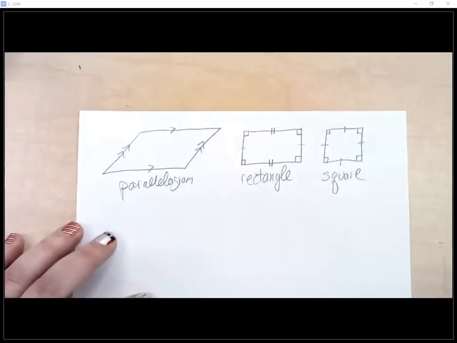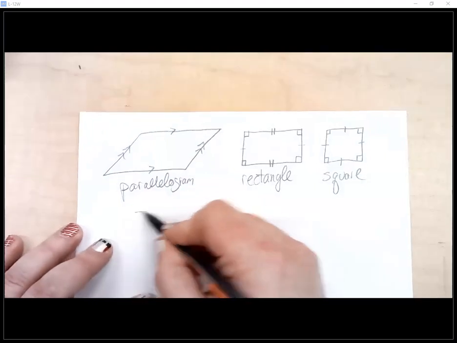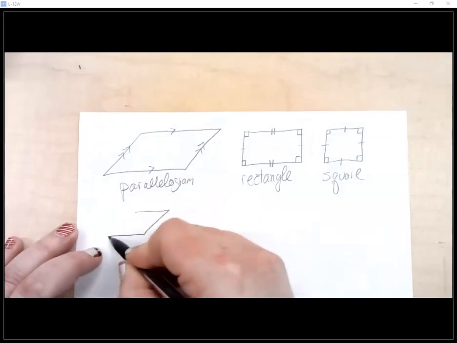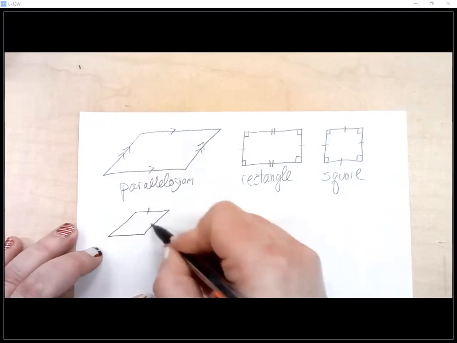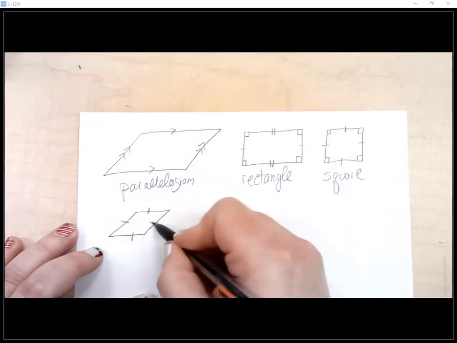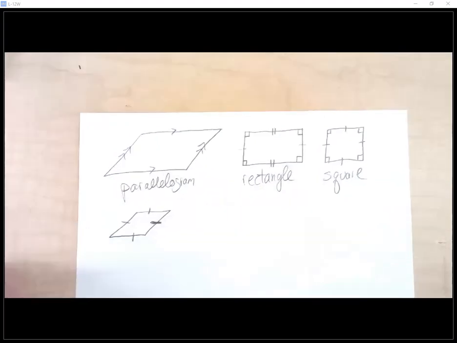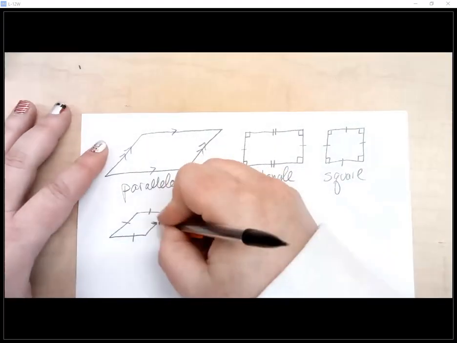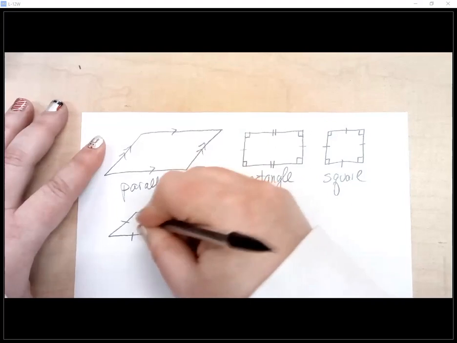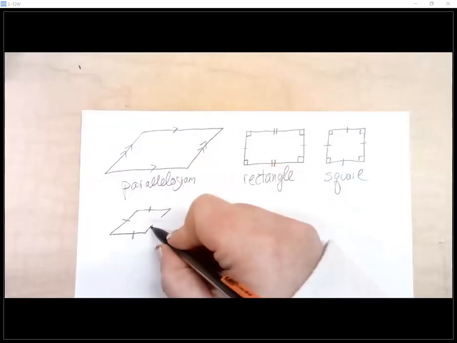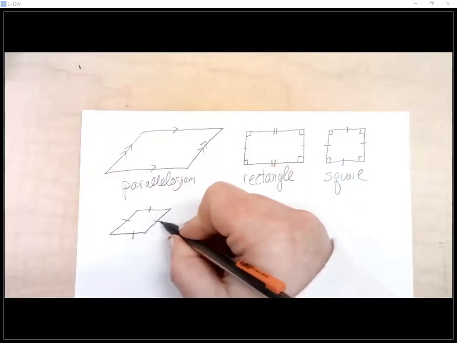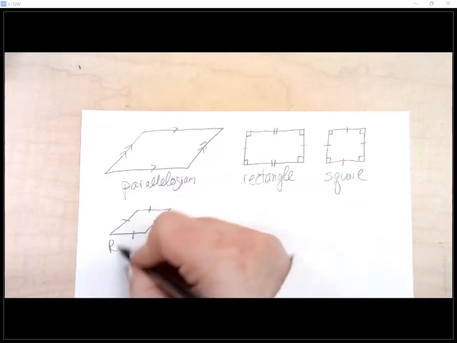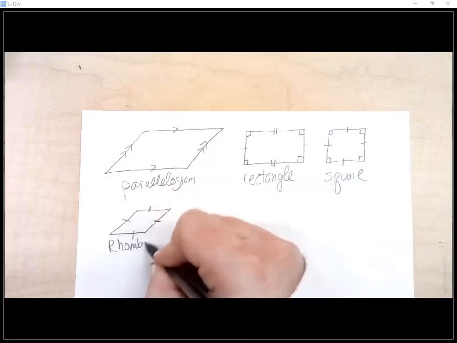Wait a minute, isn't that a square? Isn't a square a type of rhombus? It is. Because the definition of rhombus is just a four-sided figure that has all 4 sides the same length. So a square does happen to be a type of rhombus. But this is what we'd be looking for in a rhombus.